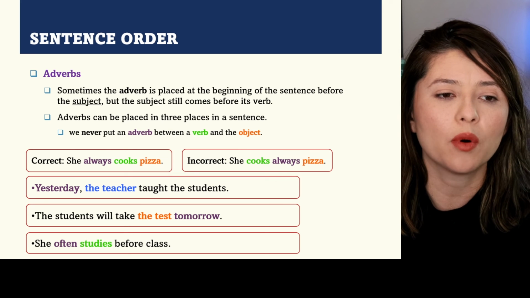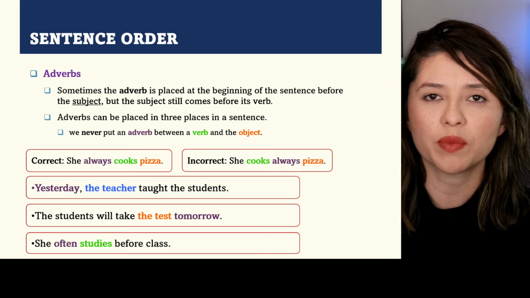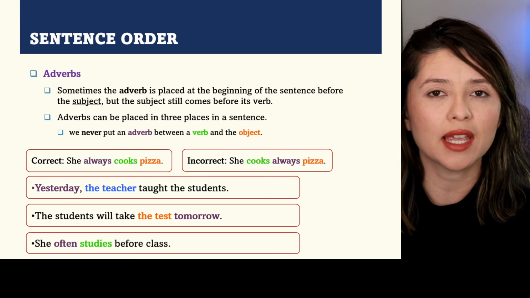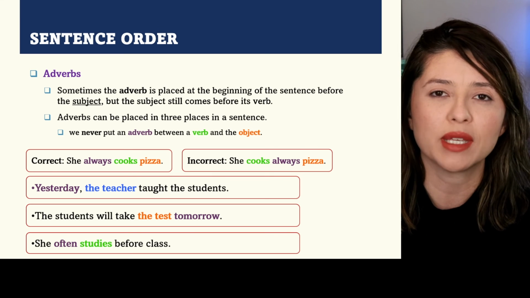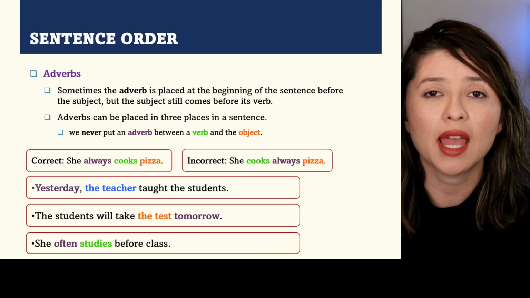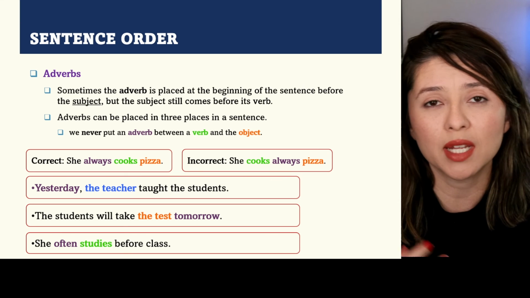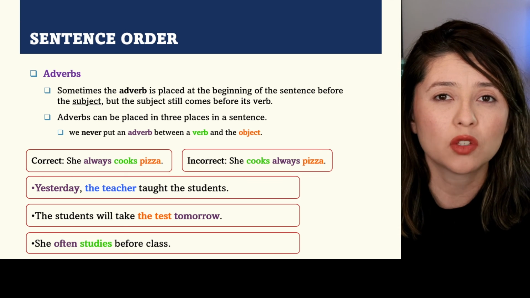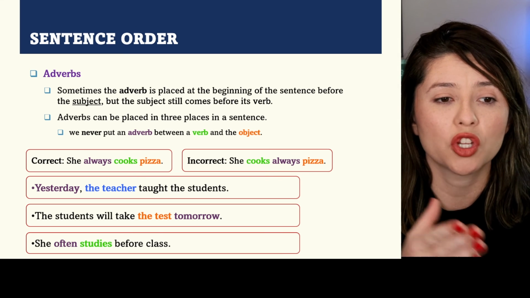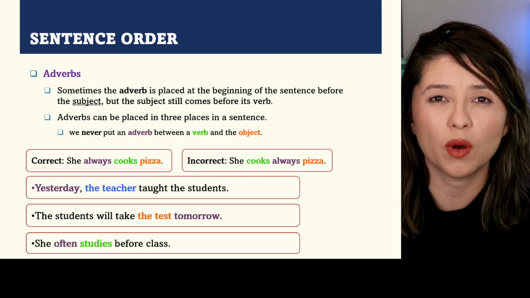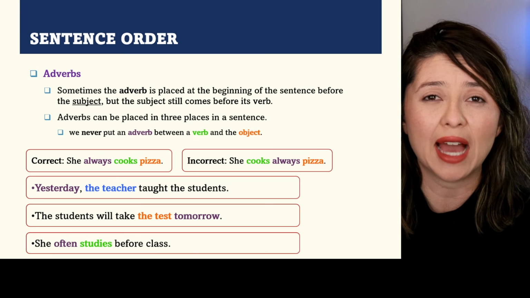So for example, she always cooks pizza. I can simply say she cooks pizza. It's a complete nice sentence. I have my subject, my verb, and my object. But I want to give you more information. So I may just let you know the frequency. So she always cooks pizza.